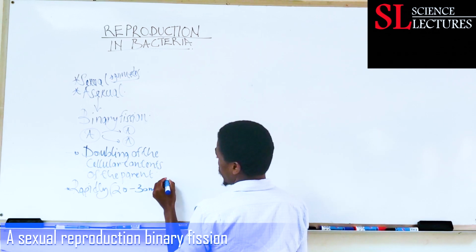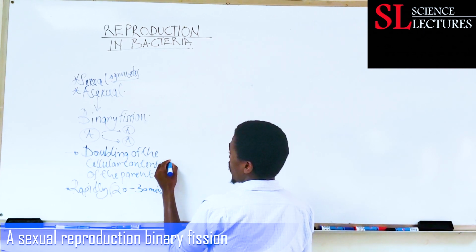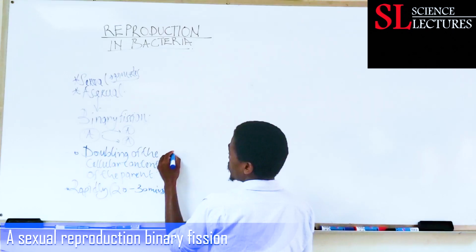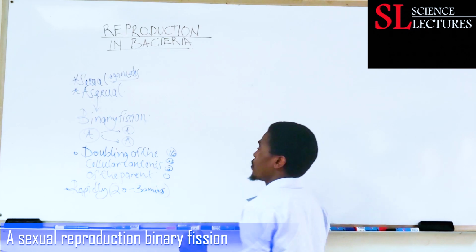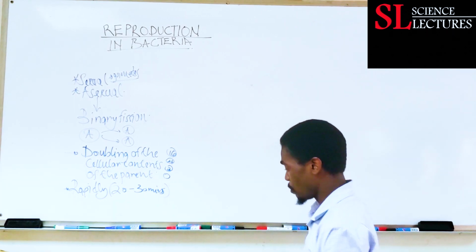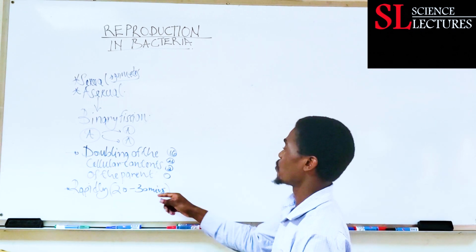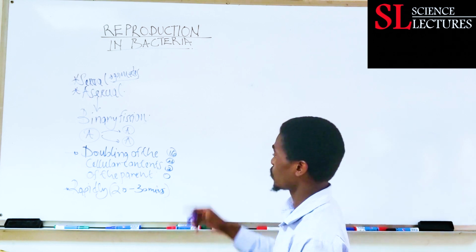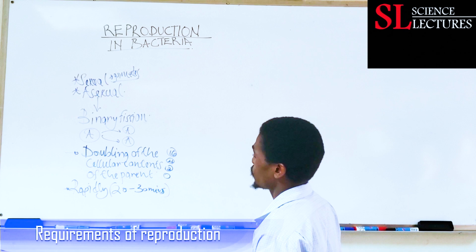In the first round, one bacterium yields 2. These 2 can become 4, the 4 can become 8, then 16, because it's 2 to the power n, the rate of division. So rapid multiple cell divisions can happen in the shortest period of time, 20 to 30 minutes. This is a good characteristic for the survival and multiplication of bacteria.